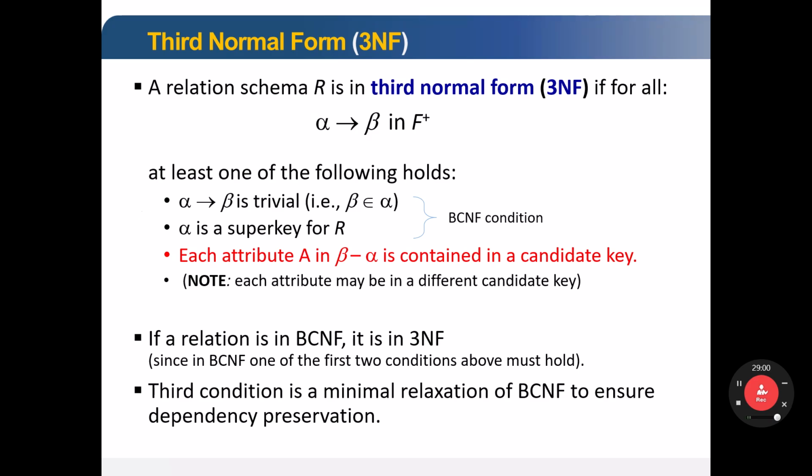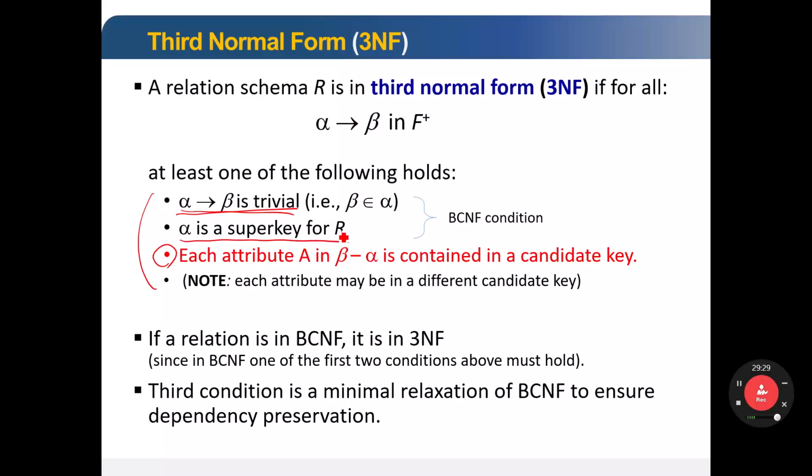And this slide shows what the third normal form is. It is very similar to BCNF, except for one additional condition. The first rule is about the trivial condition. If the left determinant and right dependent are the same, then that functional dependency is trivial.